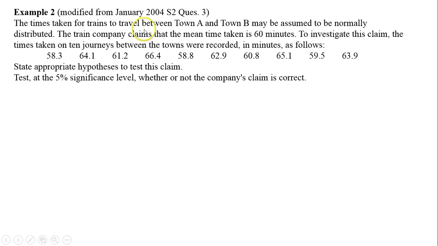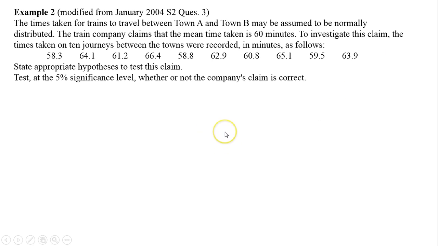Example 2. This is a modified A-level question. The times taken for trains to travel between town A and town B may be assumed to be normally distributed. The train company claims that the mean time taken is 60 minutes. To investigate this claim, the times taken on 10 journeys between the towns are recorded in minutes as follows.